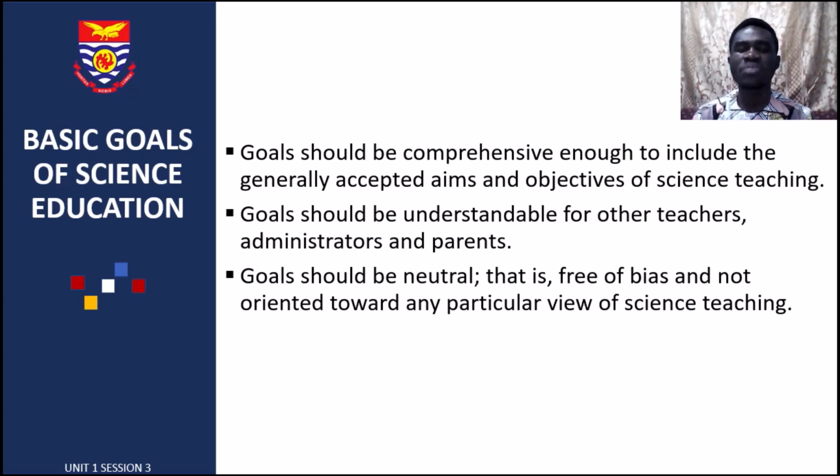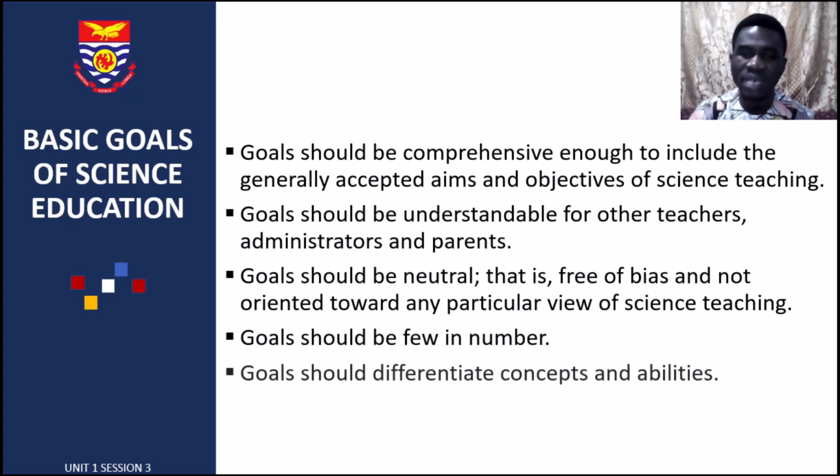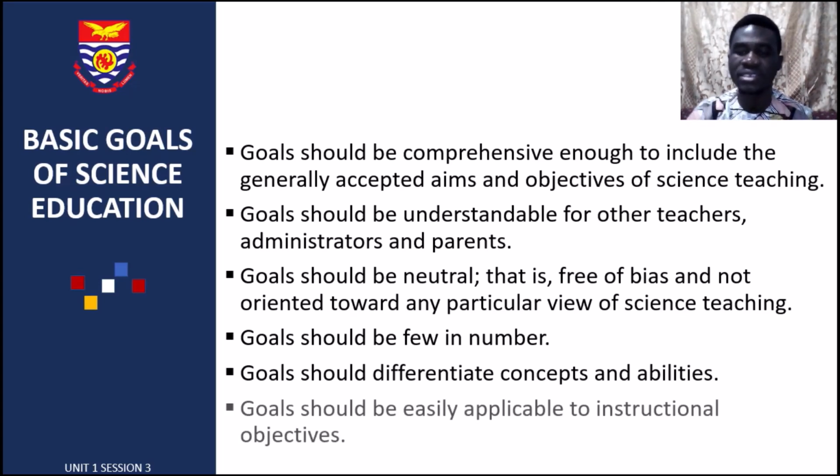They must not be oriented towards any particular view of science teaching. Goals should also be few in number. They should differentiate concepts and abilities. Goals should be easily applicable to instructional objectives. All these are basic goals of science education.